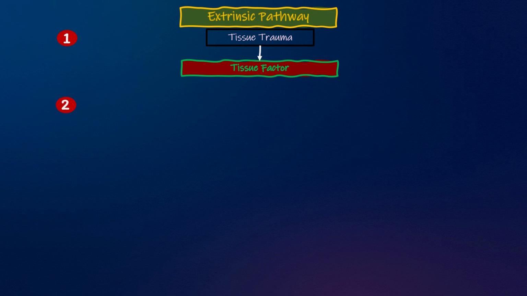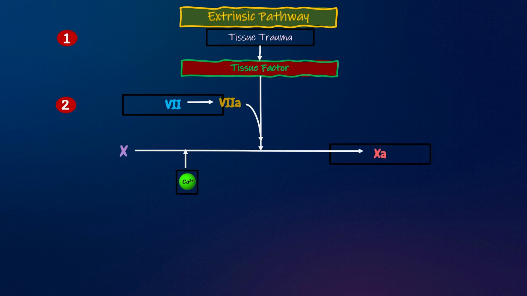Second step is the activation of factor 10 through the role of factor 7 and tissue factor. The lipoprotein complex of tissue factor further complexes with blood coagulation factor 7 and, in the presence of calcium ions, acts enzymatically on factor 10 to form activated factor 10.